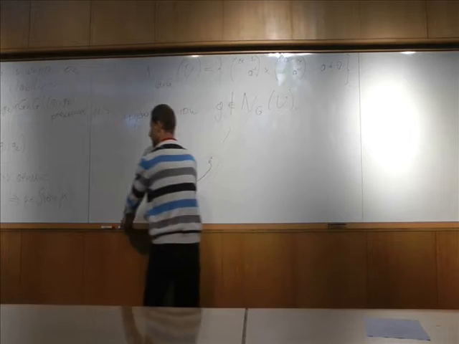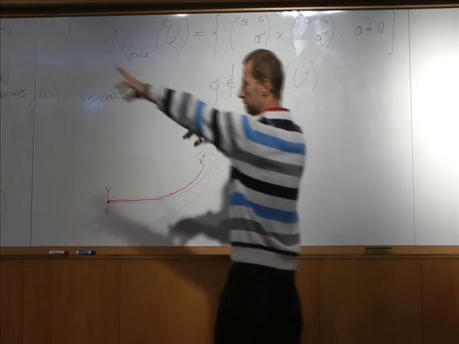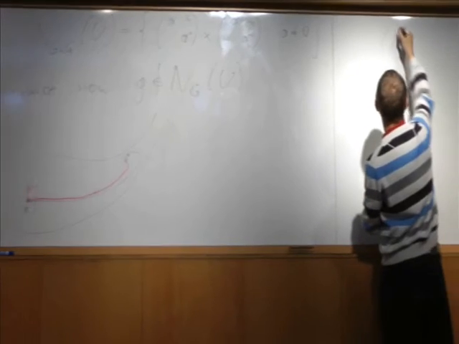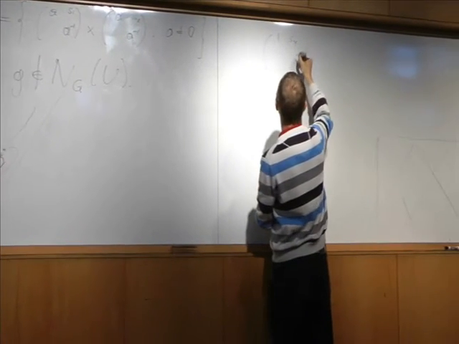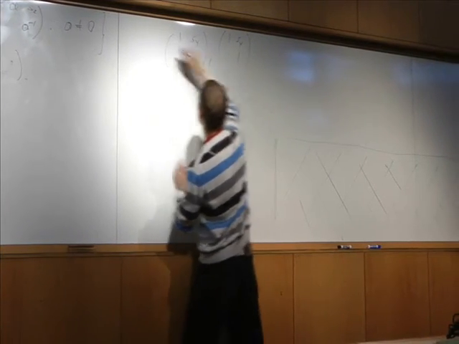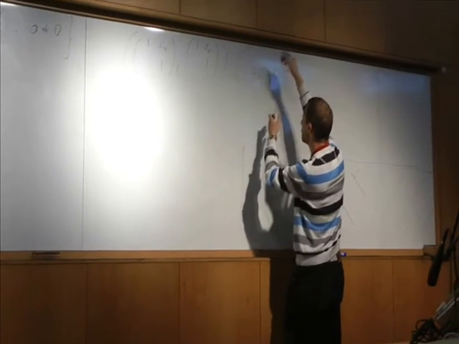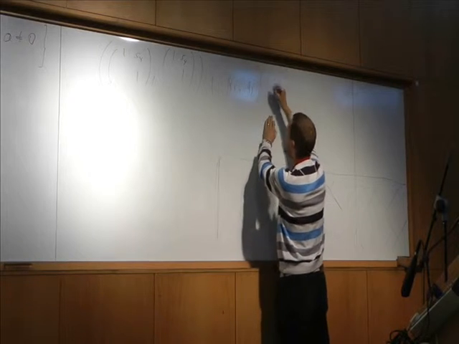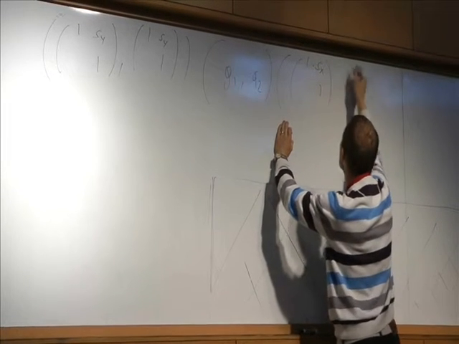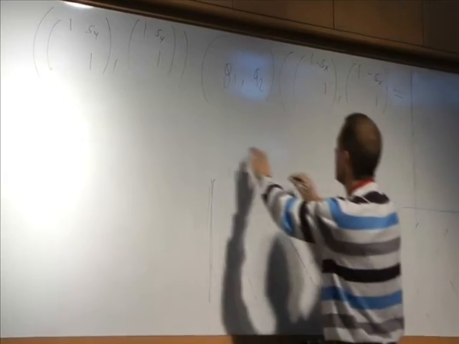So let me schematically give you this conjugation in the product. We have 1, Sy, y1, 1, Sy, 1, and then we have this G1, G2, which is A1, B1, C1, D1, etc. And then we have this 1, minus Sx, 0, 1.